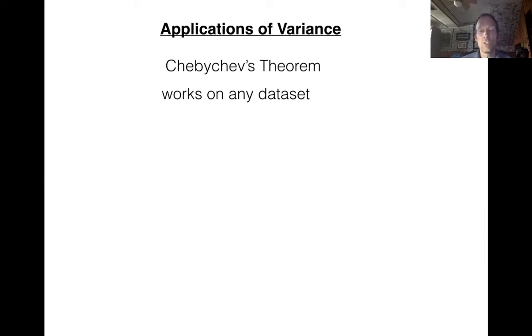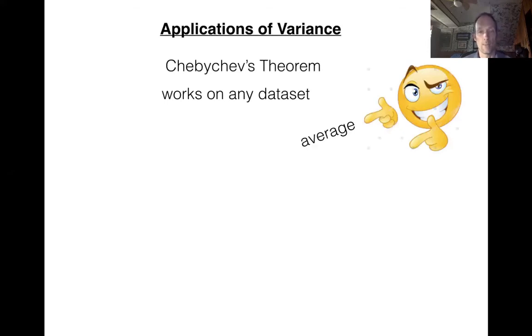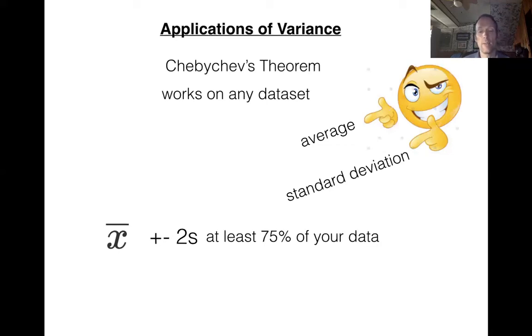So how do you use the Chebychev theorem? It's going to work as long as you know two things about the data set. We have to know the data set average and the data set standard deviation. And what the theorem says is that if we take an average of a data set, in this case a sample average, and we go 2 standard deviations above the average, 2 standard deviations below the average, we're going to end up with at least 75% of the data in the data set.